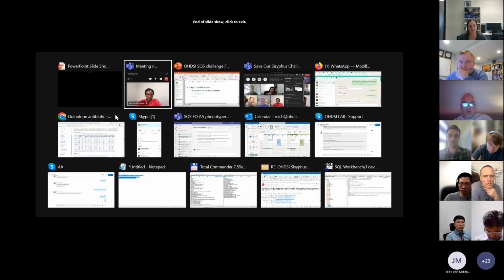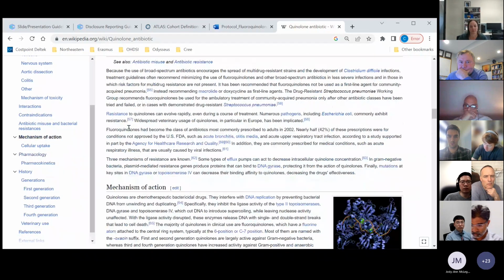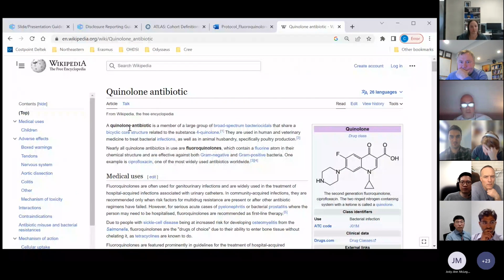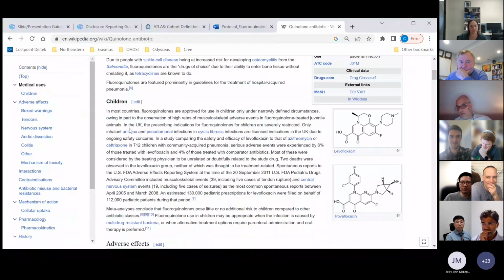Let's play. First we need fluoroquinolones. Wikipedia, one way of doing it. Don't be ashamed. Everybody does it. The other ways of doing it, you can go to all sorts of other databases. You can use ATC as a classification system. It's actually also in the vocabularies. It really doesn't matter.